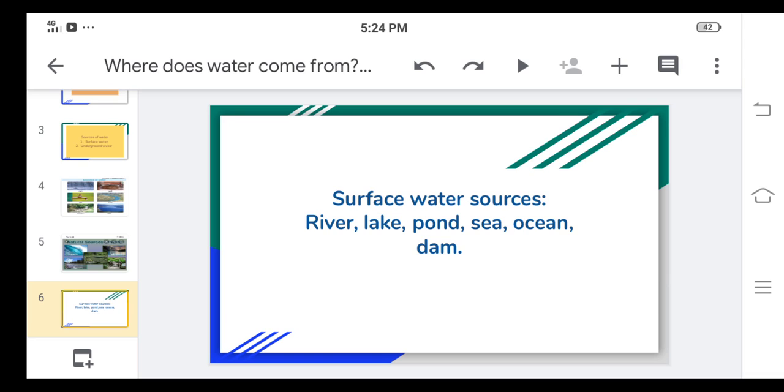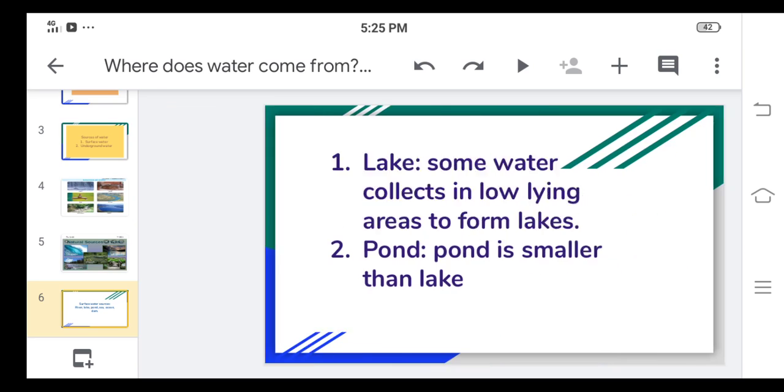River, lake, pond, sea, ocean, dam. These are examples of surface water sources. River, lake, pond, sea, ocean are natural sources, and a dam we can't find naturally, it is man-made.